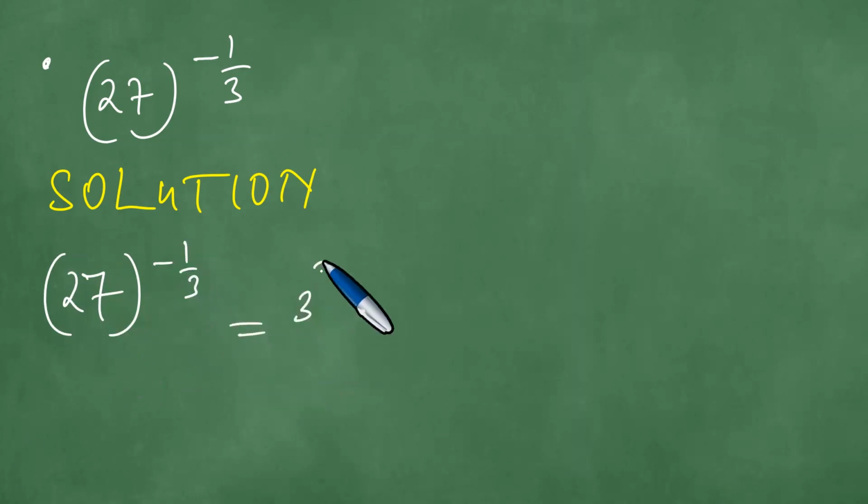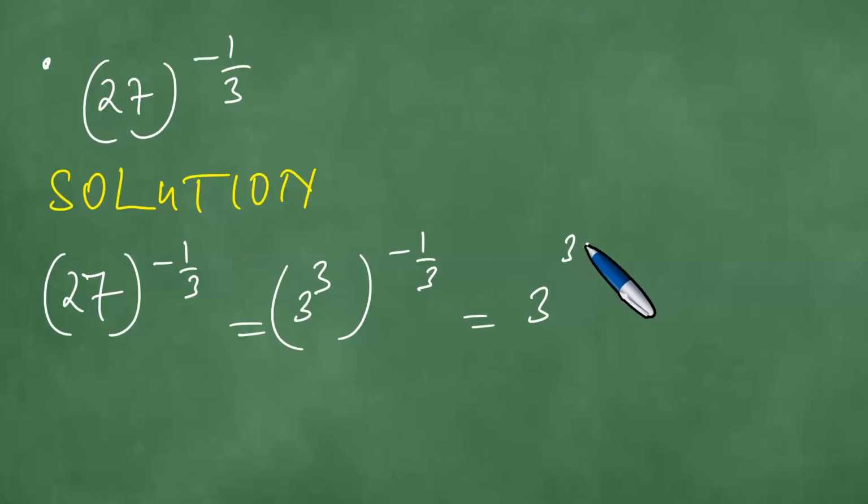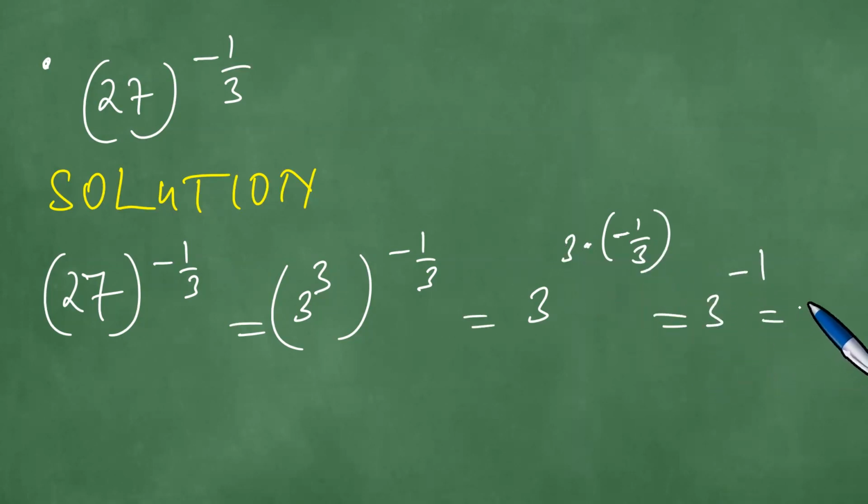But 27 we know is 3 cubed. And then it is 3 to the power like this, so you cancel this out. 1 over 3 to the power 1, which is 1 over 3. So this will be the answer. Any question? No question.